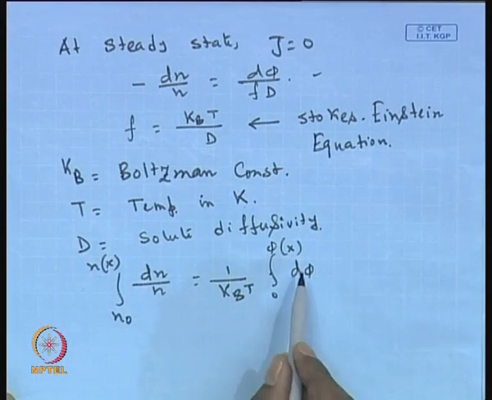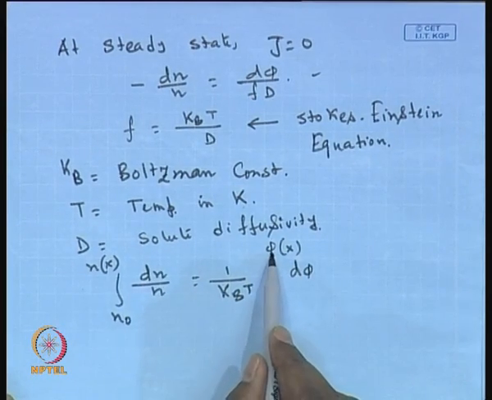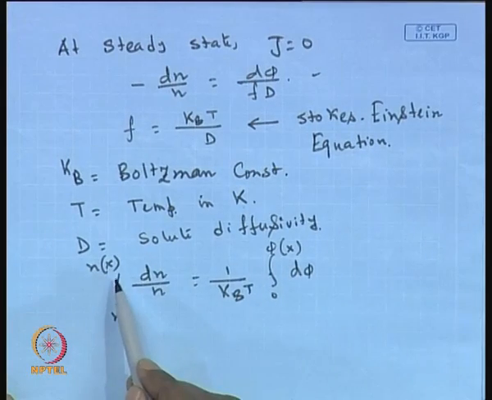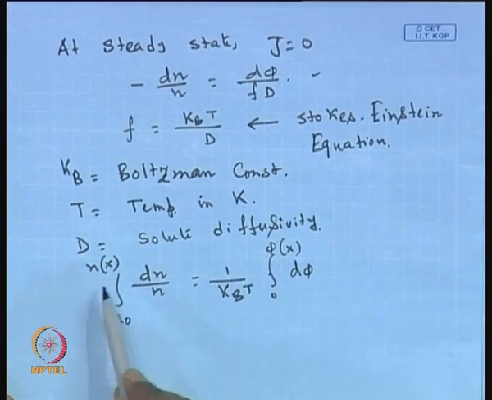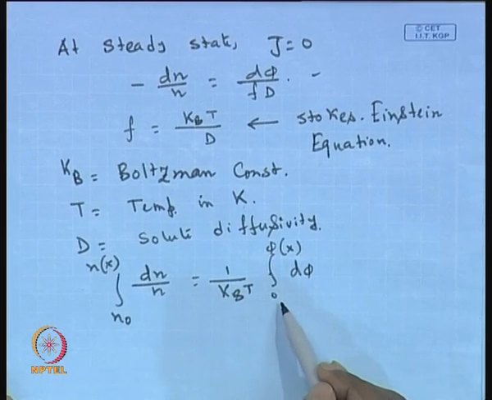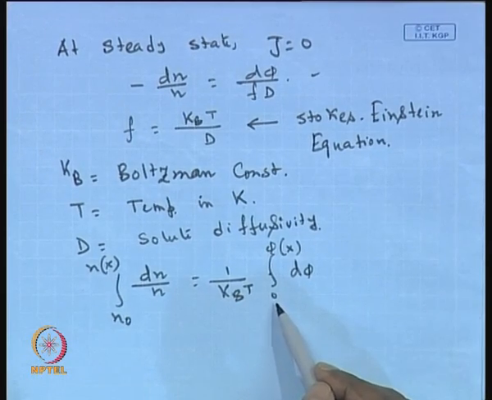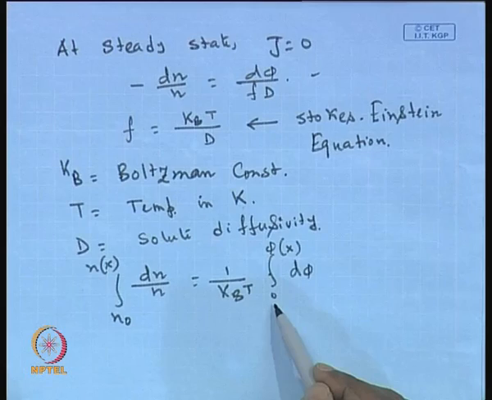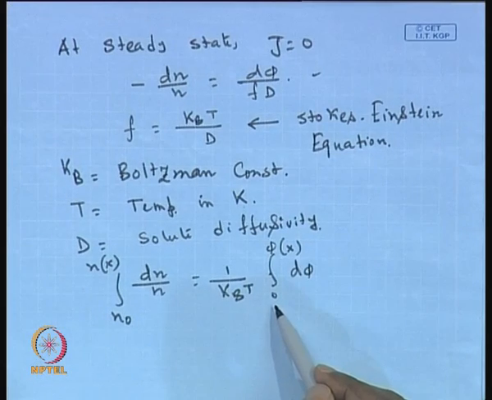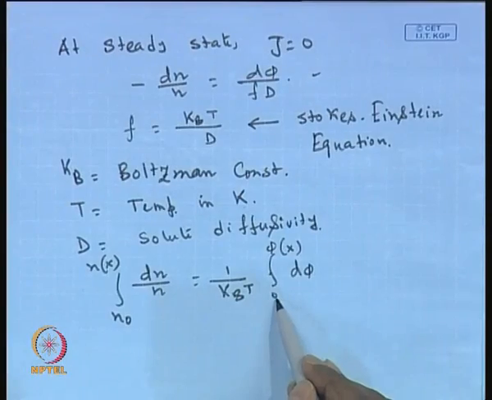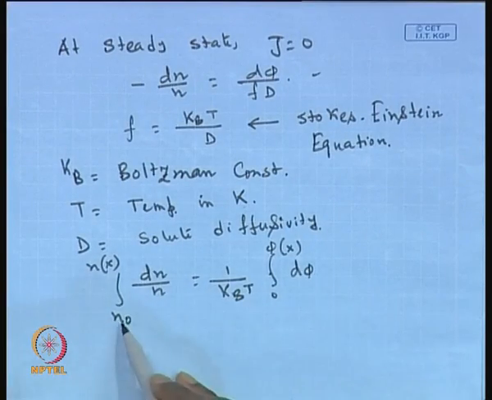At any x location, the potential energy is phi, and the number concentration is n. On the other hand, the potential energy will be 0 at the bulk of the solution. Okay. That means the bulk phase does not realize or experience the presence of a charged surface in the electrolytic solution. So, the potential energy of the bulk phase will be equal to 0, and the concentration of the solute there will be the bulk concentration.